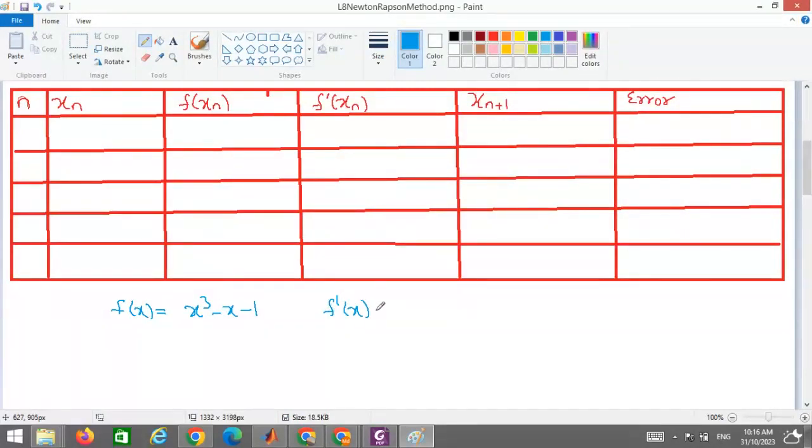You know that the derivative of x power n is n into x power n minus 1. That is 3 into x power 3 minus 1, which is 3x square, minus the derivative of x, which is 1, and the derivative of a constant is 0. So I get the f dash of x value as 3x square minus 1. And we also have the initial midpoint x naught equal to 1.5.